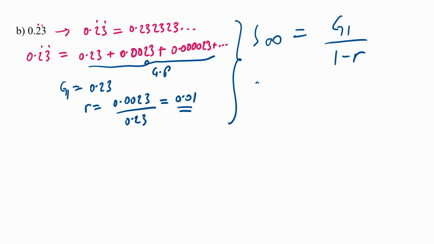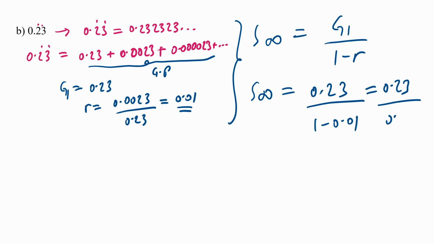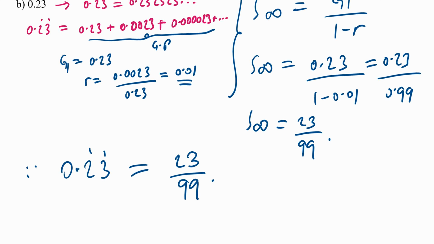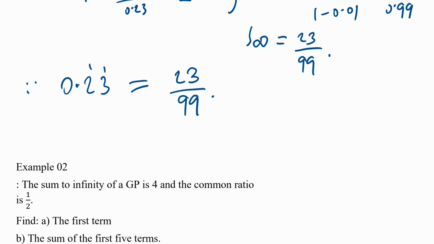So the sum to infinity will be 0.23 over 1 minus 0.01, so 0.23 over 0.99. So the sum to infinity will be 23 over 99. To conclude, 0.23 repeating, dear students, is equal to 23 over 99. Now we have converted the repeating decimal into a fraction.